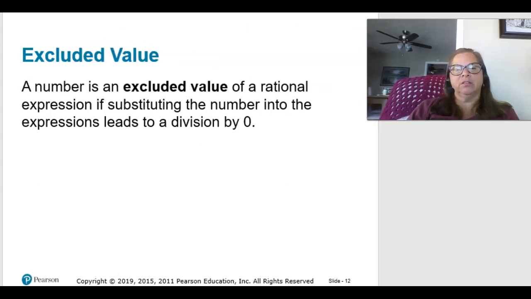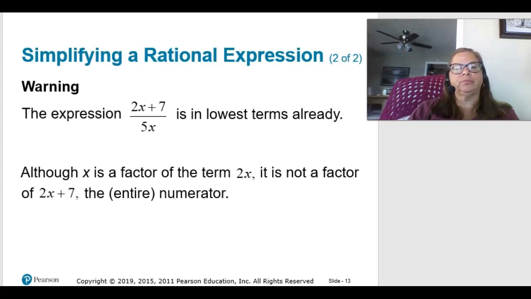A number is called an excluded value when it makes the denominator of the rational expression equal to 0. So the expression 2x plus 7 divided by 5x is in its lowest terms. Although x is a factor of the term 2x, make sure that you do not cancel like this. This is not allowed.